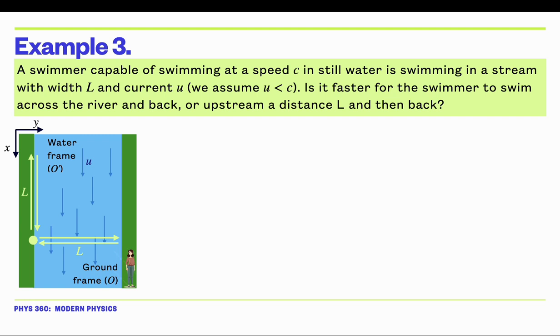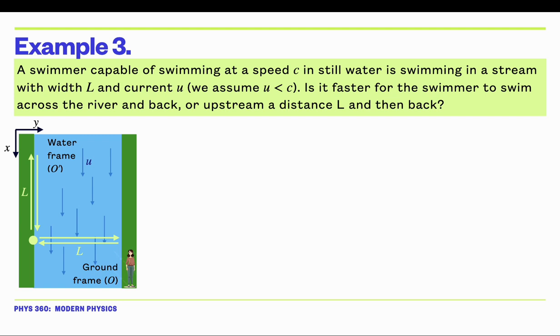All right, let's look at one more example that has to do with Galilean relativity. In this case, we have a stream that's flowing down the page with some velocity u. There's a swimmer capable of swimming at speed c in still water.